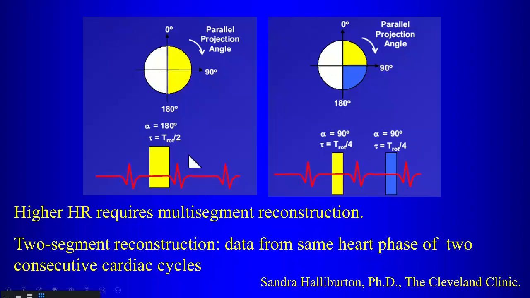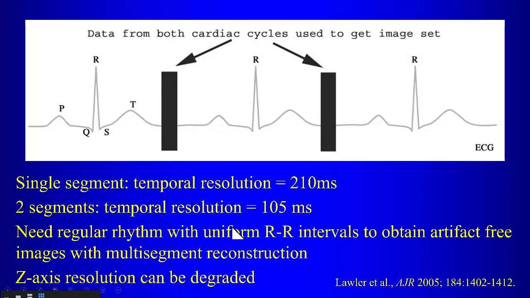So instead of the temporal resolution being 1/2 of the rotation time, now the temporal resolution is 1/4 of the rotation time. So this does improve the temporal resolution. So for patients with higher heart rates, this is a way to improve the temporal resolution. But the disadvantage of that is that the heartbeats have to be absolutely identical.